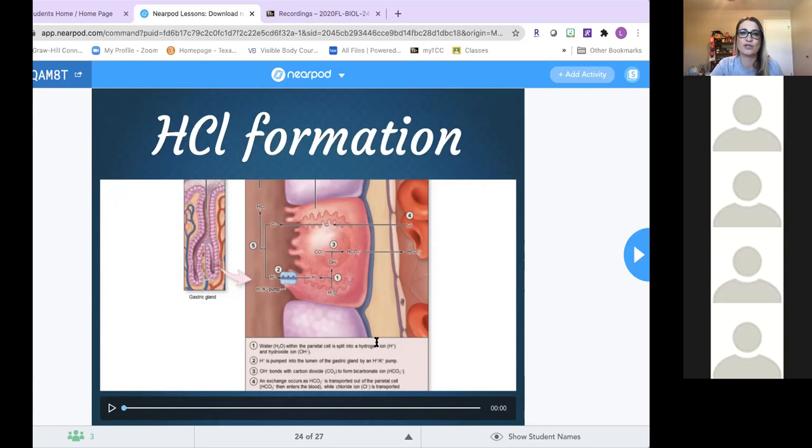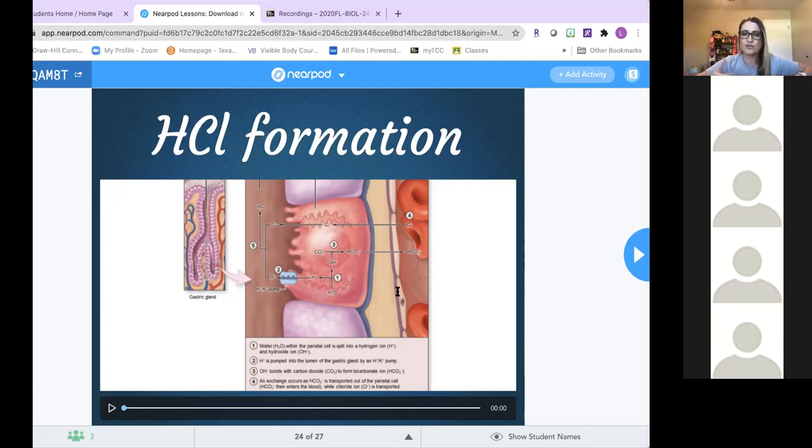Hydrochloric acid is important for several things. The hydrochloric acid lowers the pH to about 2, so this makes and maintains the high acidity in the stomach. This process begins the chemical digestion of proteins, because low pH is going to denature or unfold the proteins.